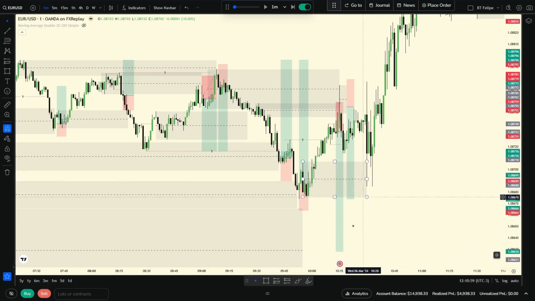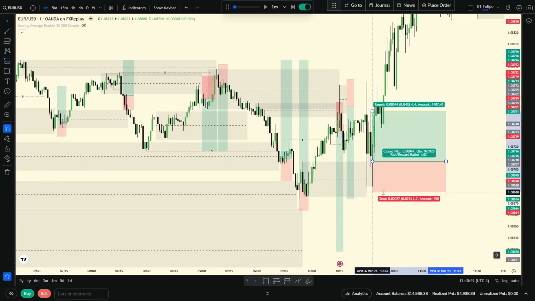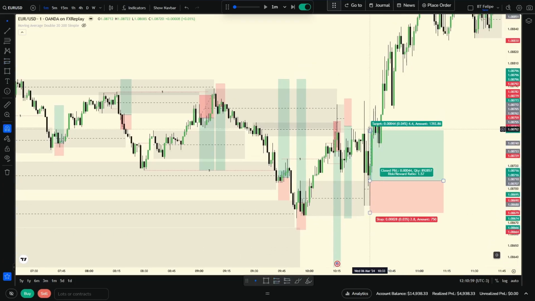For example, after this candle, I could have done the exact same thing I did here, but instead I could have done like this, you know? Put my entry like this and target here.